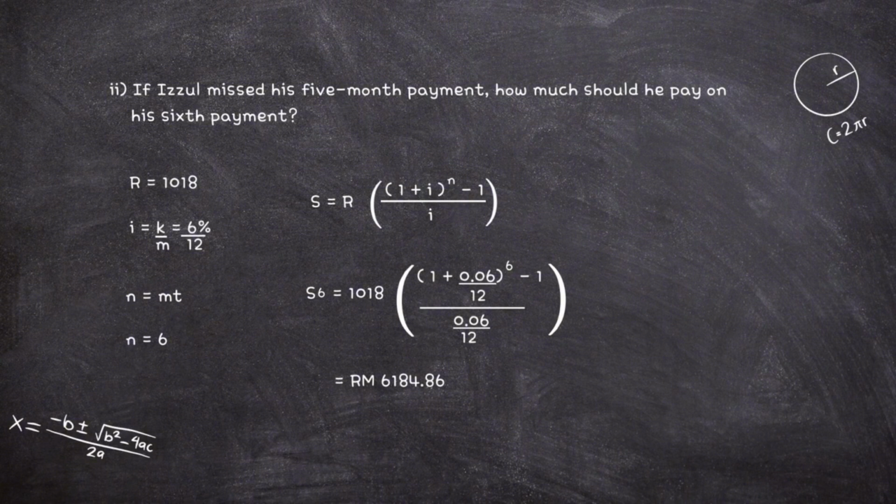Using this formula, we get S6 equals 1018 times ((1 plus 0.06 divided by 12)^6 minus 1) divided by 0.06 divided by 12. And the answer will be 6,184.86.